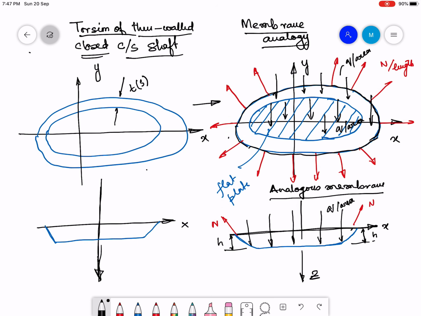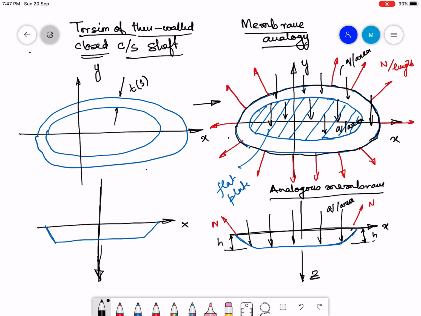Now, since the thickness of the wall of the cross section is small, the nonlinear slope of the actual deformed shape of the membrane can very easily be approximated as a linear slope.